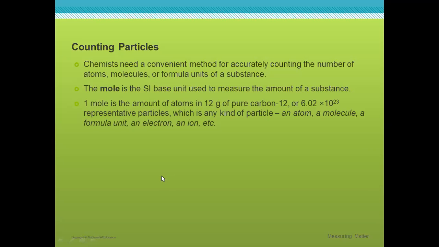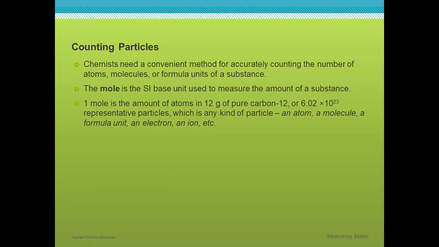So we can say a mole is the amount of atoms in 12 grams of pure carbon 12, or 6.02 times 10 power 23 representative particles, which is any kind of particle: an atom, a molecule, a formula unit, an electron, an ion, and so on.